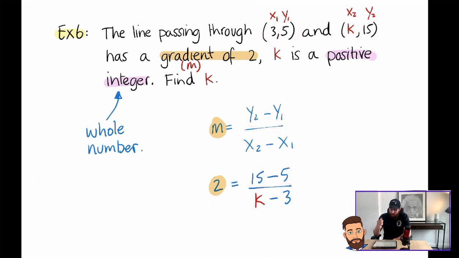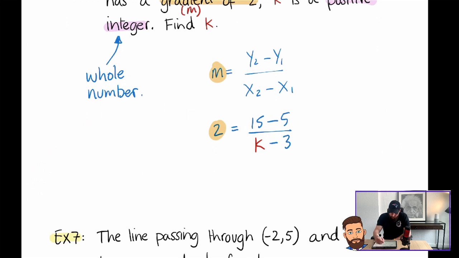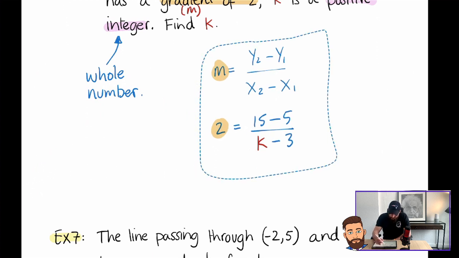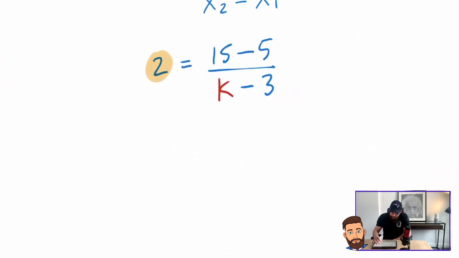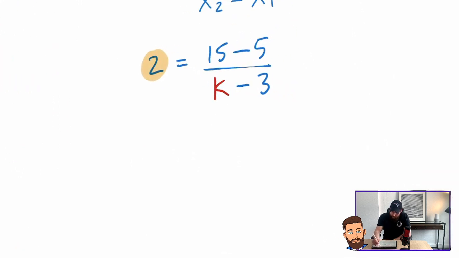The only thing that I haven't got a clue about is k, so I've just put in k. What have we got here? Well, hopefully you're looking at that thinking, that's an equation. I can solve an equation. We need to solve this equation to find out what k is. Yeah, we want to know what k is. So let's get going on that.